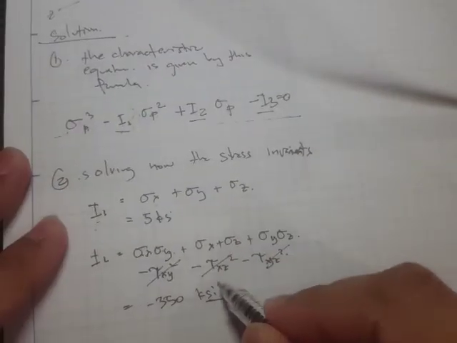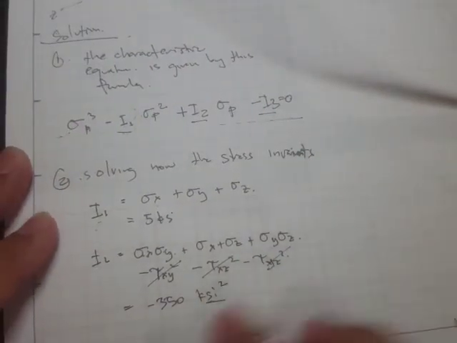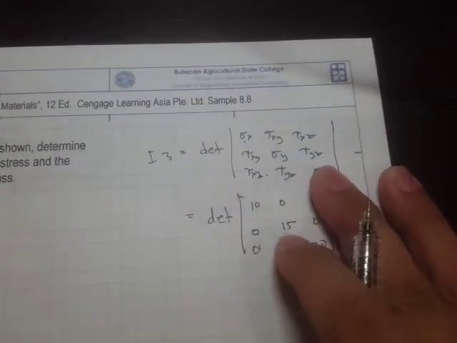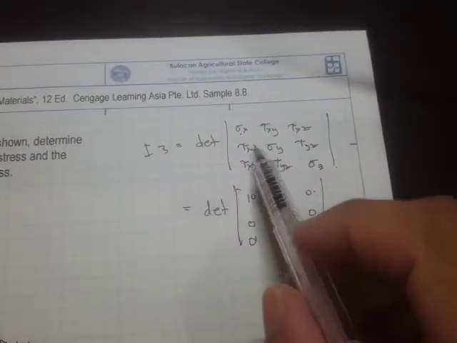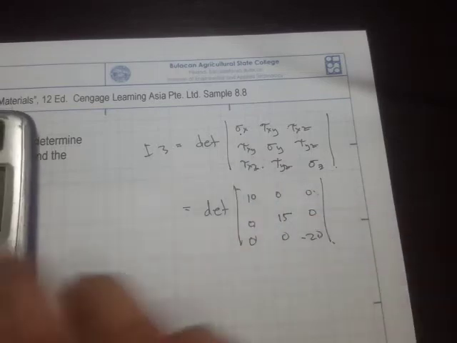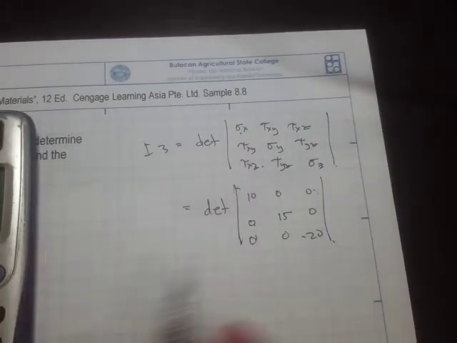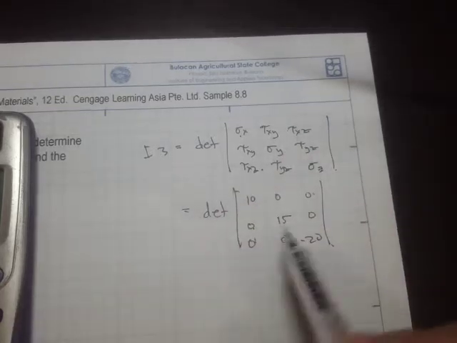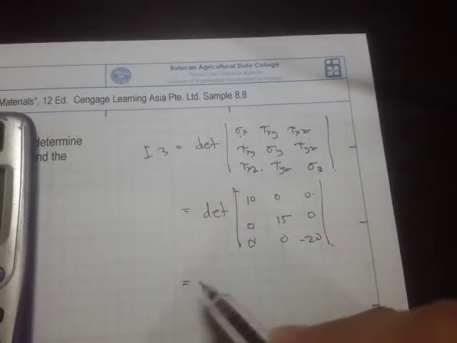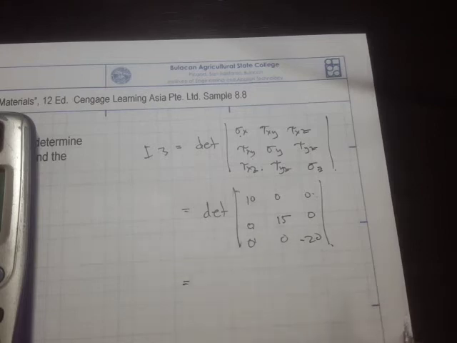Actually, sorry, this should be ksi squared because that's a product. And for the third stress invariant, this is computed using a determinant. When dealing with determinants, we can just input that in the calculator so that we can solve it in a much simpler, much faster way.